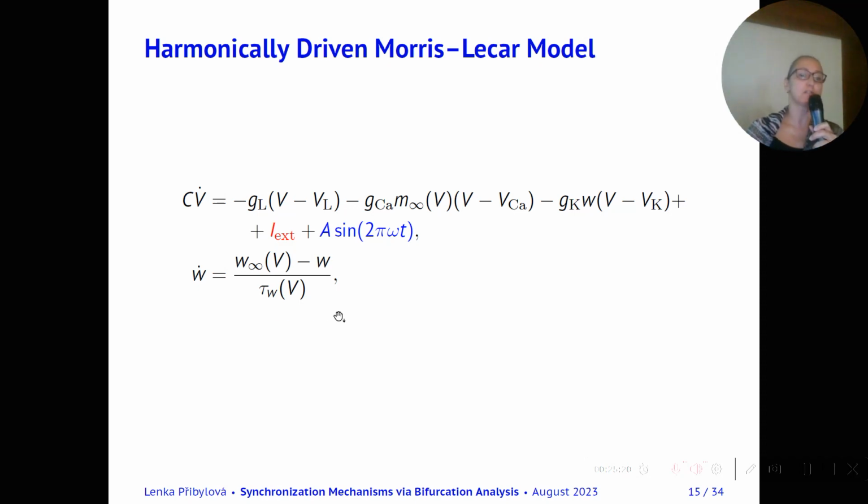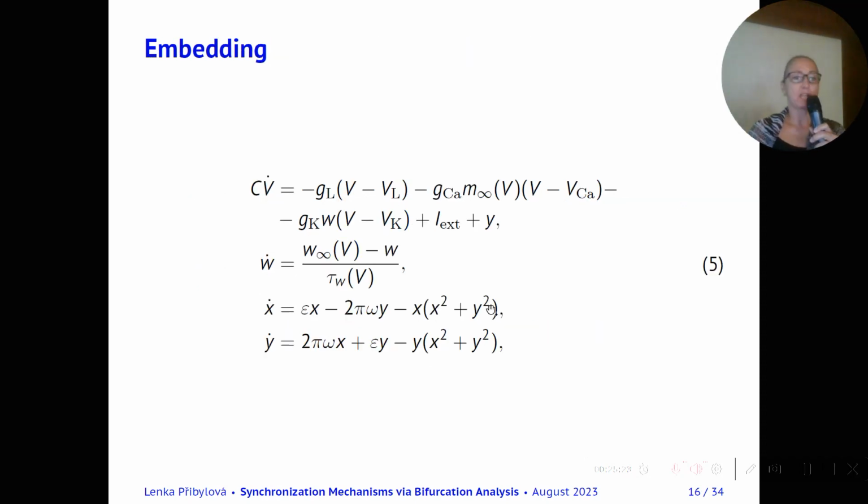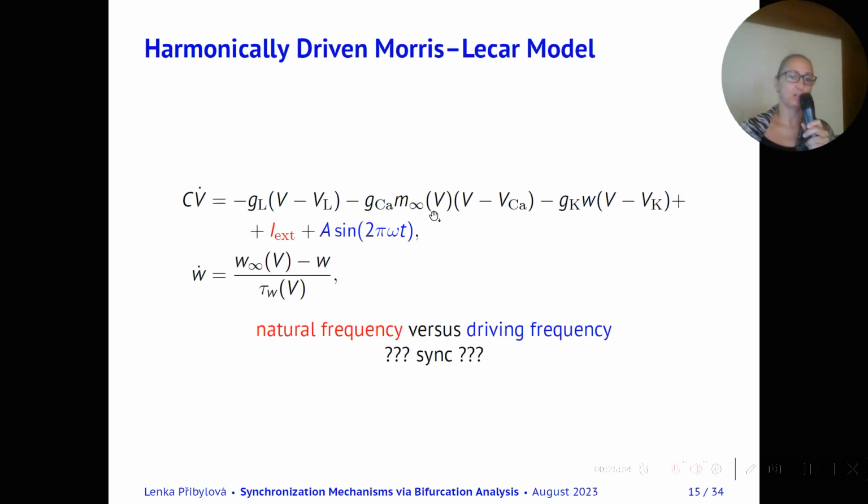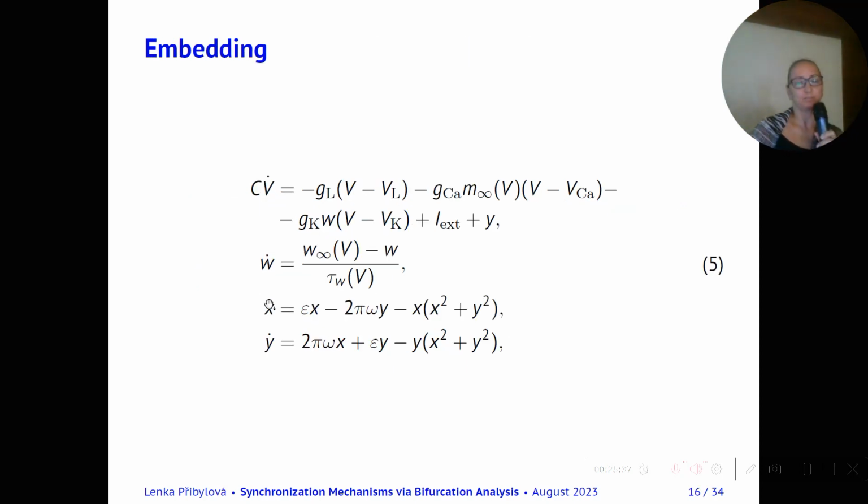We found out that the easiest way is to embed it into this system, where Y is in fact this harmonic term, because the third and fourth equations are the so-called normal form of bifurcation that have a solution that is stable for positive epsilon and has solution square root of epsilon times sine or cosine of 2 pi omega t.